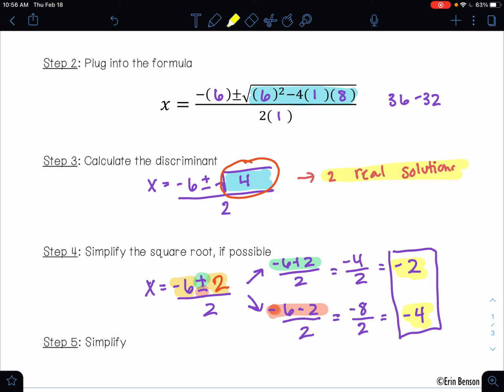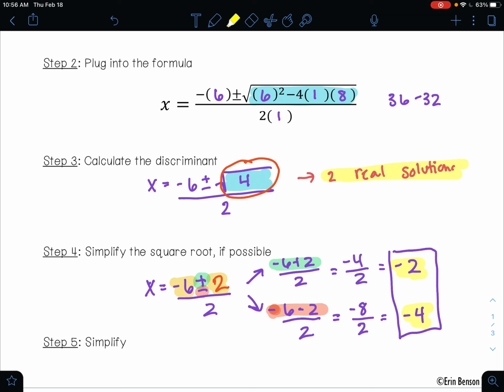Because these answers are rational, that means this problem was factorable, and you could have also solved by factoring. The wonderful thing about the quadratic formula is that this method will always work.